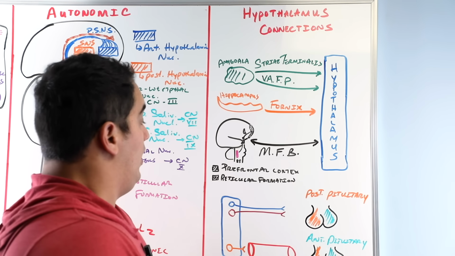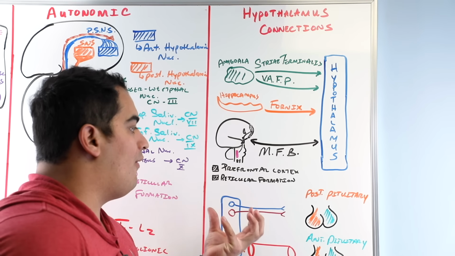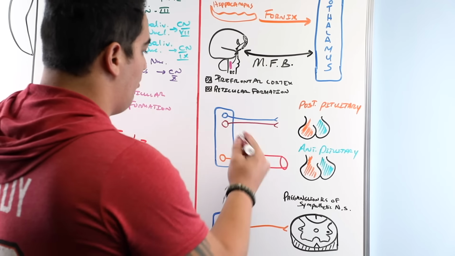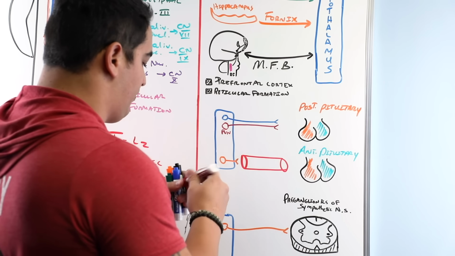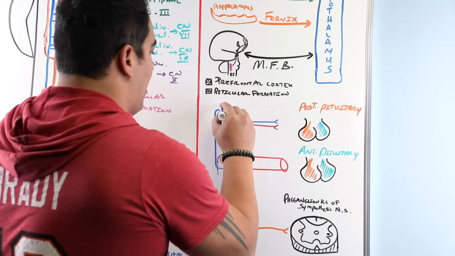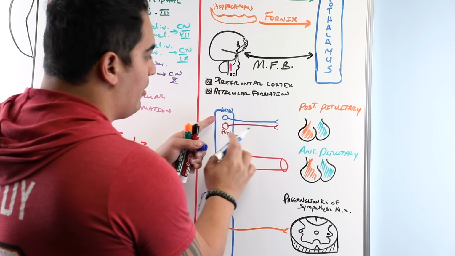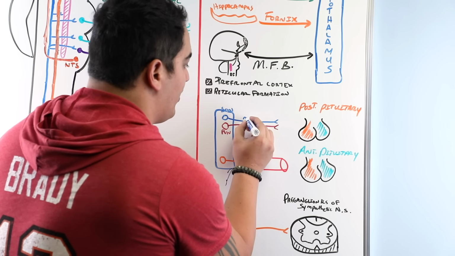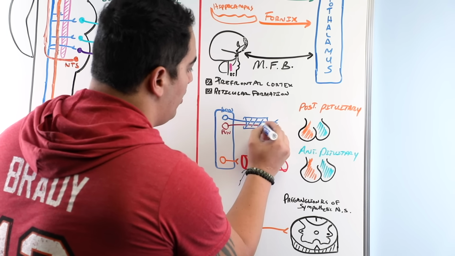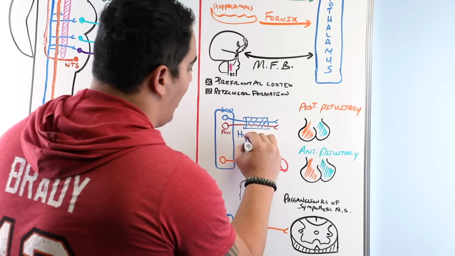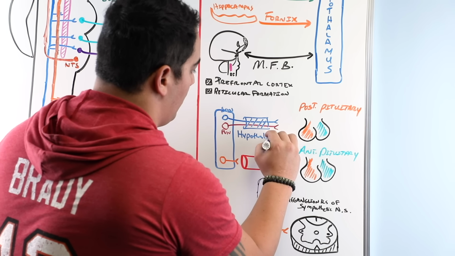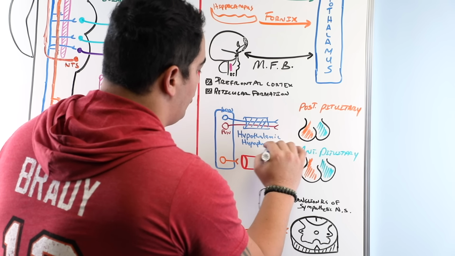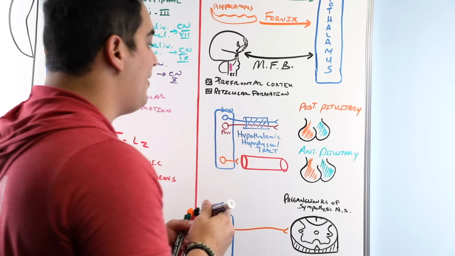Next one is the connections that are involved with endocrine functions. Remember, I told you there was a name of a tract. We had the paraventricular nucleus and the supraoptic nucleus. They're nuclei within the hypothalamus, but their axons went down to the posterior pituitary. There's a special name for this tract. Do you guys know what this is called? It's called the hypothalamic-hypophyseal tract.